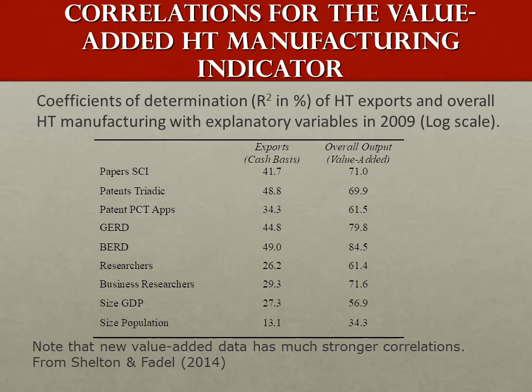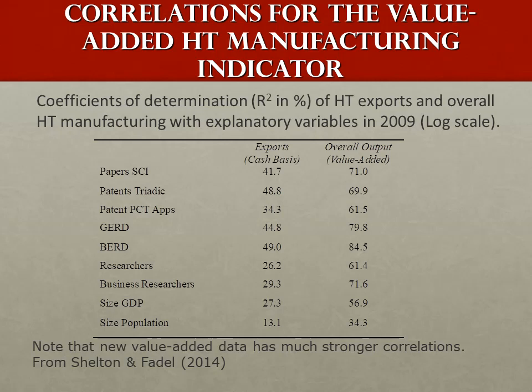Okay, we're going to use the second column. I've written papers before using the first column. But for the Istanbul paper, we use the second column, the value-added series, and we use this chart to select the input indicators that might be thought to be the cause of high technology manufacturing as an output.